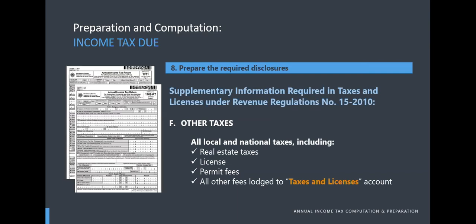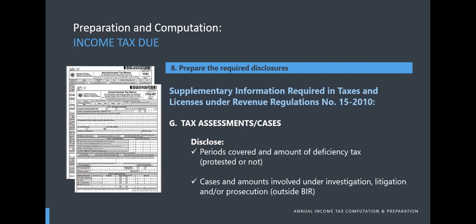For other taxes, this includes all local and national taxes, including real estate, license fees, permit fees, and all other fees that are lodged under the taxes and licenses account. Tax assessments and cases must also be disclosed.